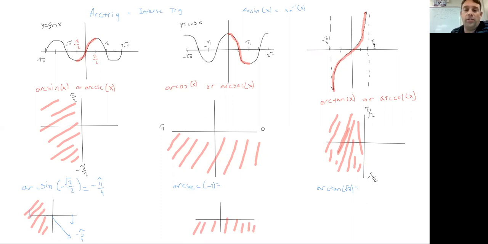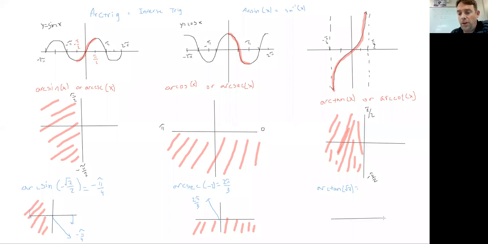So if arcsecant is -2, arc cosine is -1/2. Well, that happens up here. That would have been 2 pi over 3. So again, we just need to make sure that we know our unit circle as we go around it.